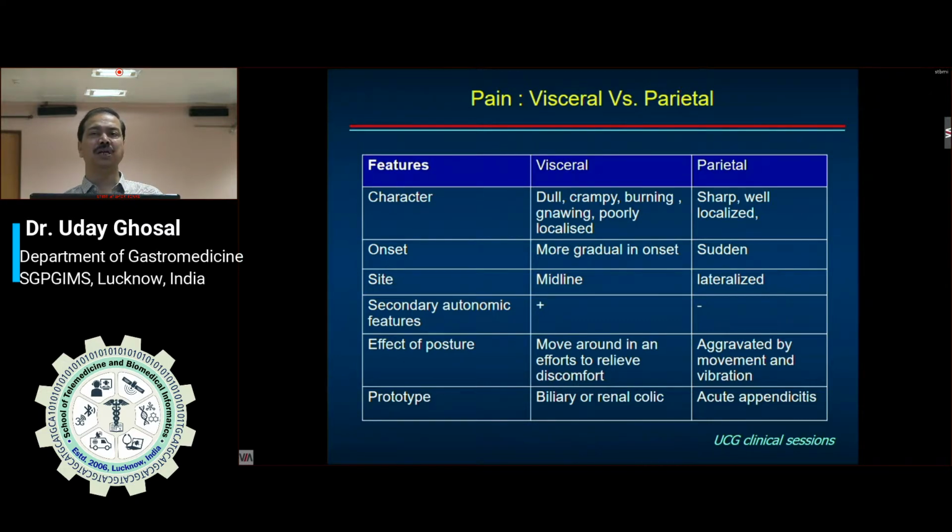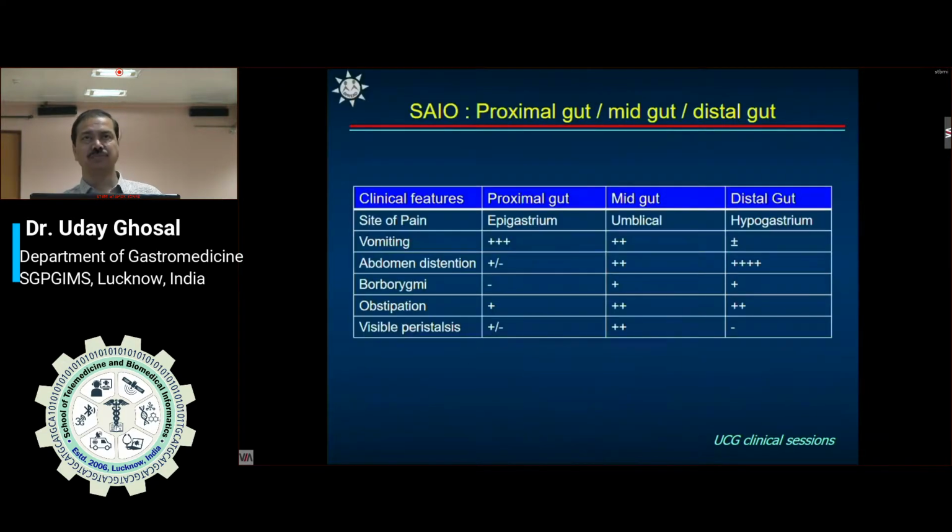Then suddenly appendix perforates, and then peritonitis sets in. Now the pain will get aggravated by the movement and the patient will lie stand still. So when you see the patient is lying stand still, a bad thing has happened, the appendix has perforated. Okay? So these are the major differences. Similarly, along with pain, you can get history of obstruction.